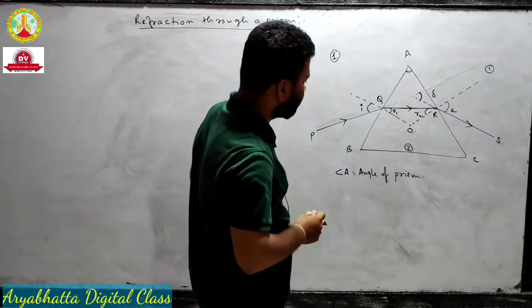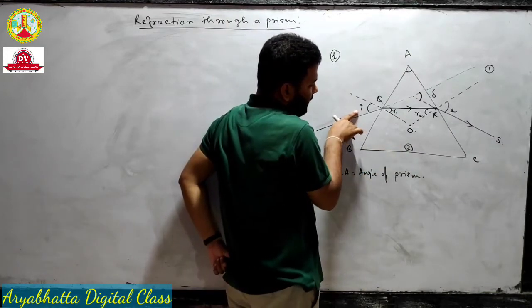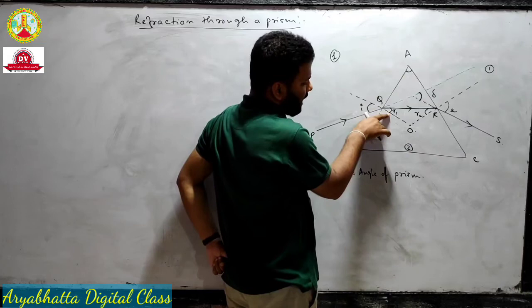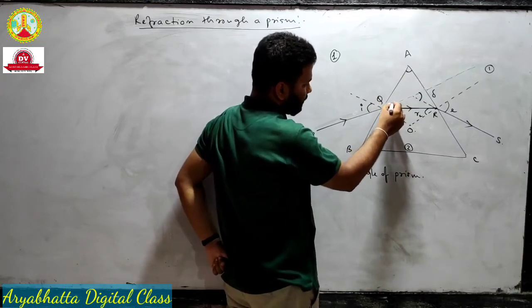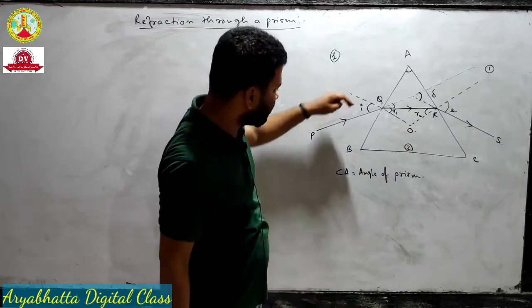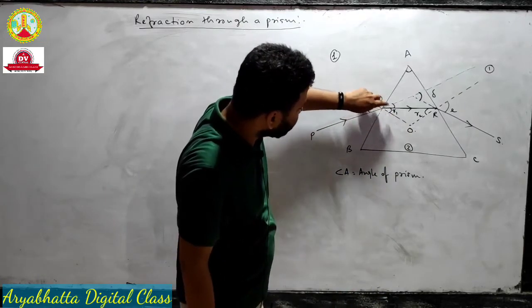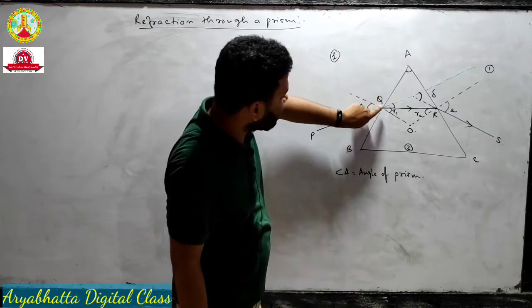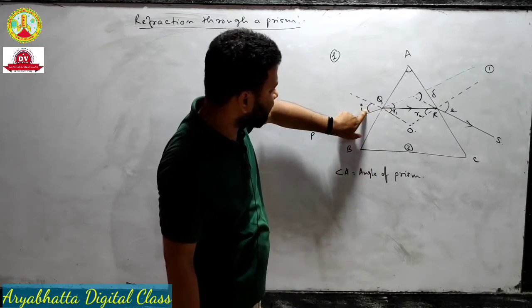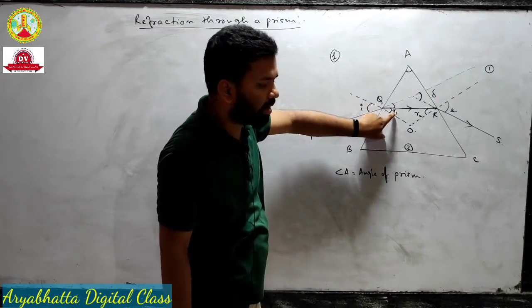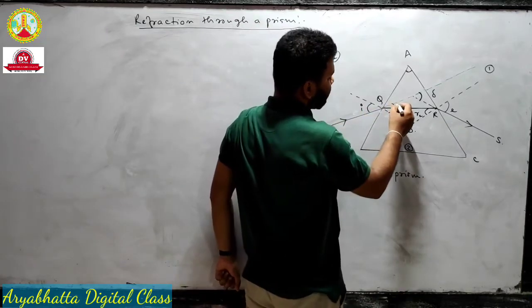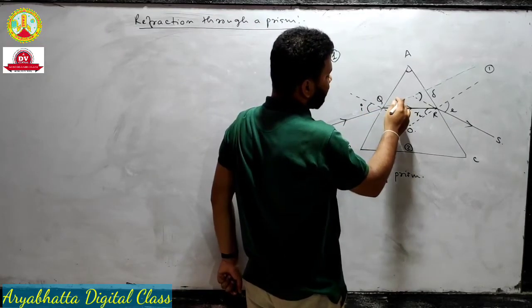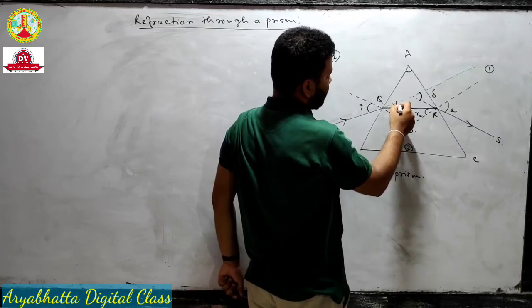Now, if this angle is I, and this angle is R1, then what will be this angle? Can you tell me? Look, this angle and this complete angle are exactly opposite. This angle will be equal to, say, delta 1.